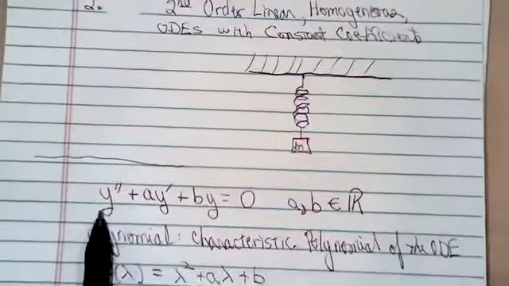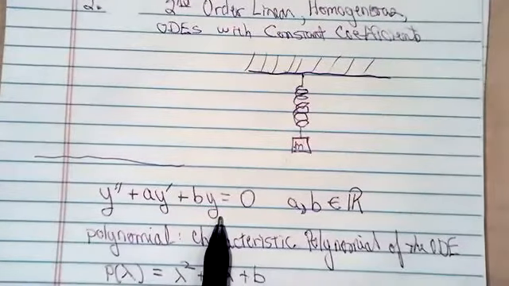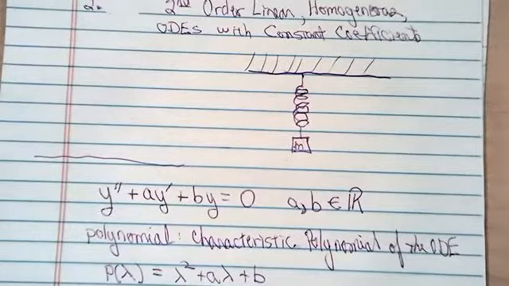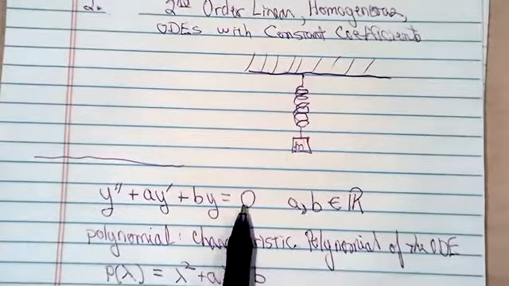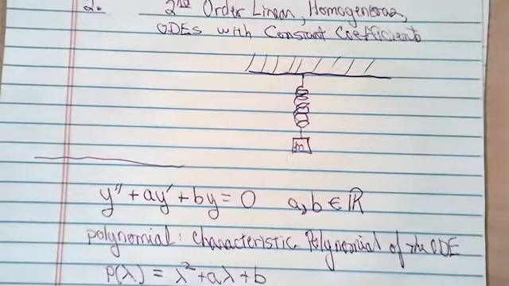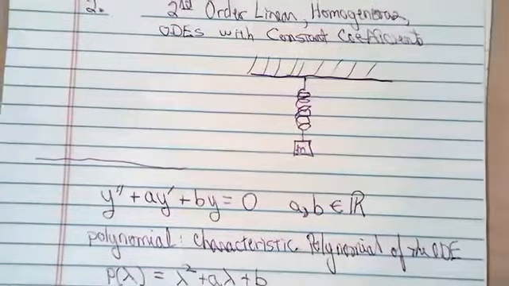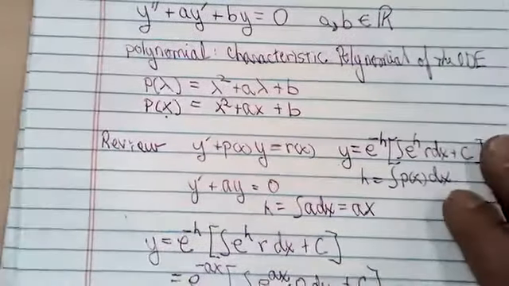This will be a vector space that has two functions in its basis. And in general, if you have an nth order linear ordinary differential equation and the right-hand side is 0, the set of solutions is a vector space with dimension n. So that's pretty useful information.